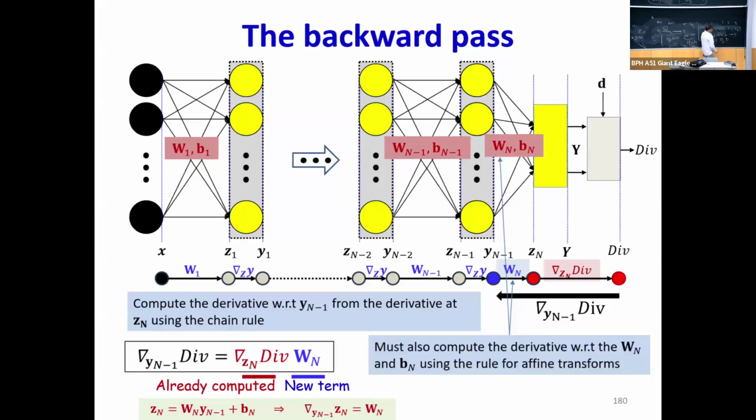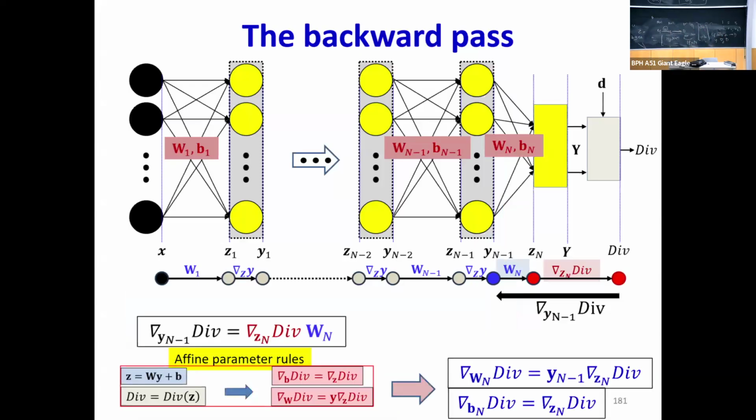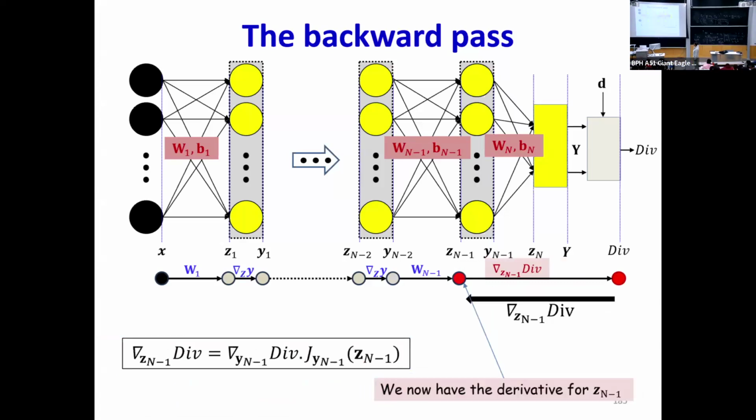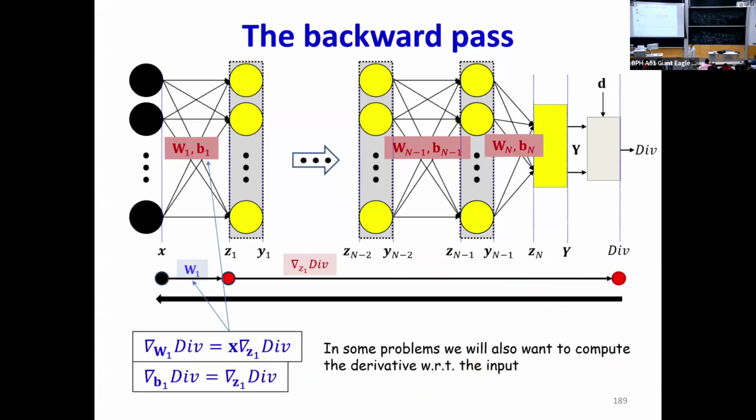So the input times the derivative for the output, right? And so that formula is already written over here. We know the derivative for b. And so now I've taken a step back. It's just three little formulae, right? And then I can keep following this computation all the way back to the beginning of the chain.